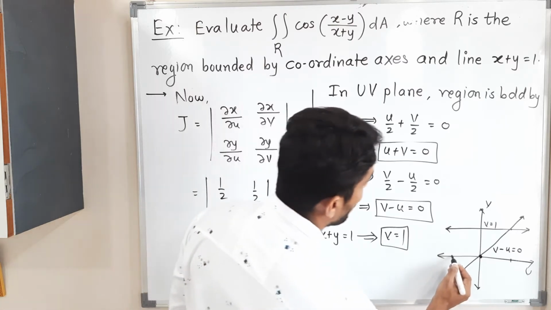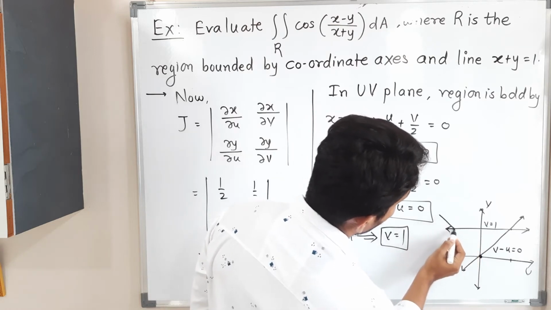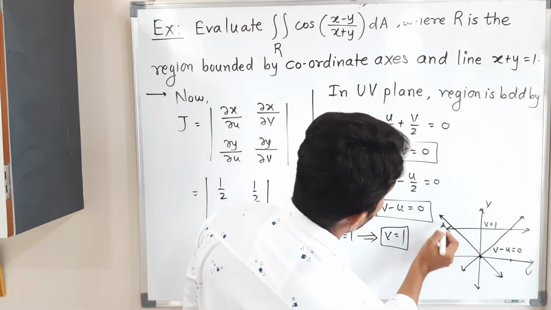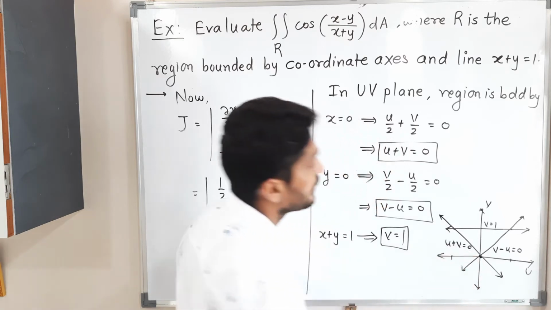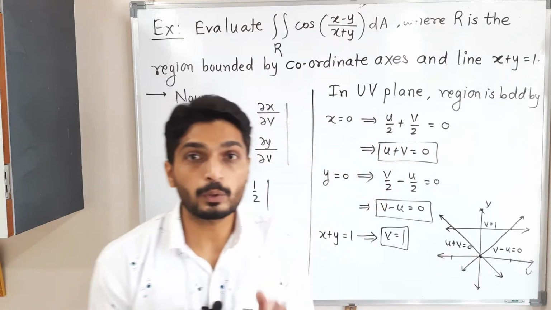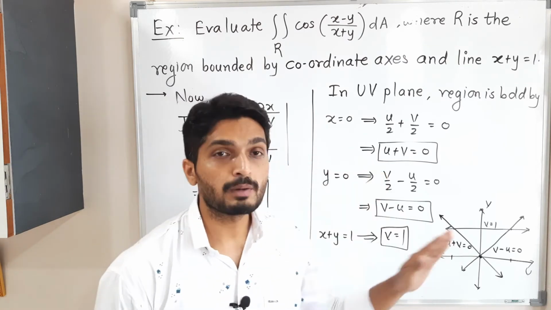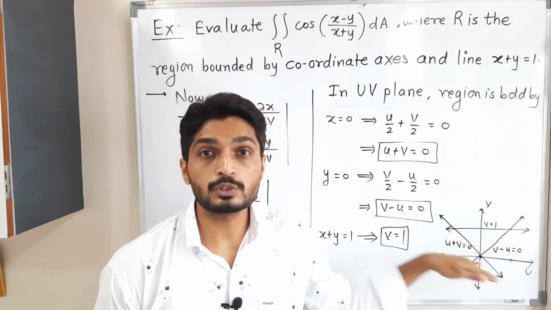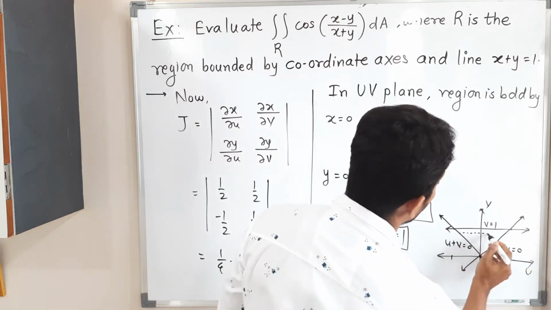So we have the point minus 1, 1. This line passes through these 2 points, so I will write the equation of the line u plus v is equal to 0. So we have got a triangular region which is bounded by v is equal to 1, v minus u is equal to 0 and u plus v is equal to 0. This is the region of integration.